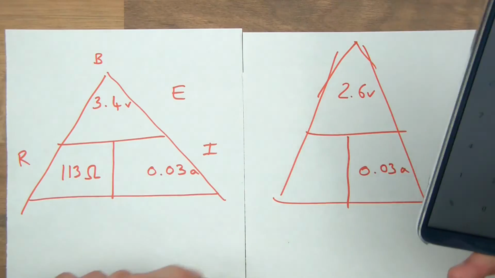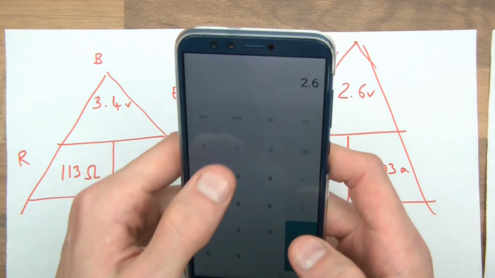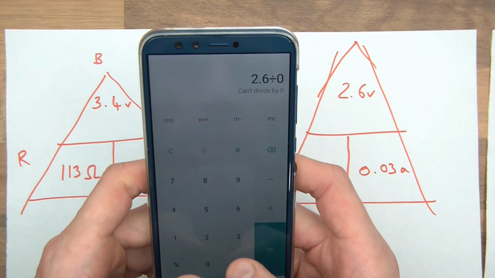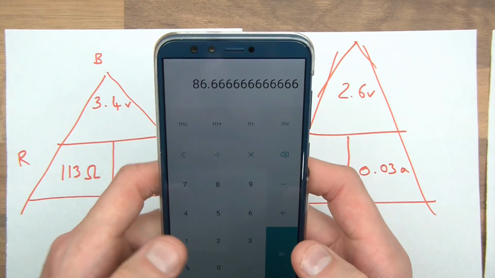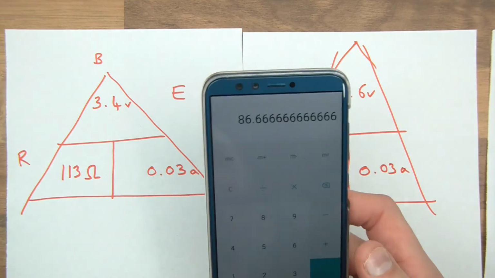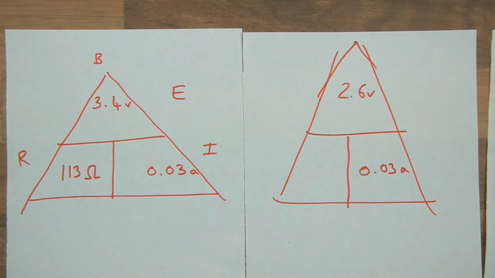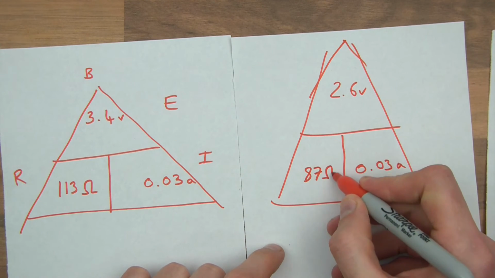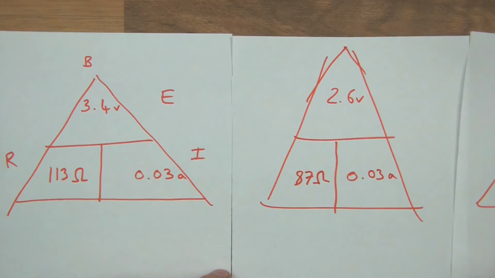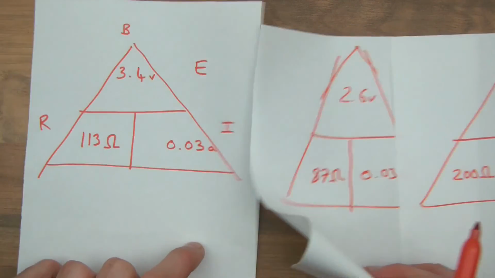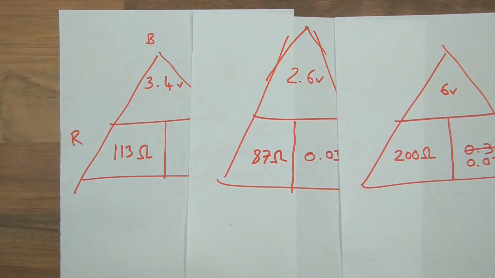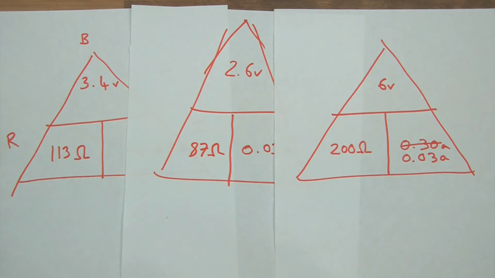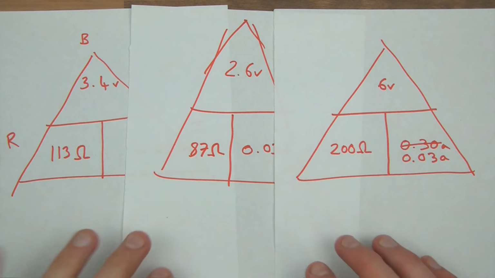Get my calculator. 2.6 divided by 0.03 equals 86.66, or 87 ohms. And there are our three sets of calculations on how to work out the amount of resistance required in order to power an LED properly.